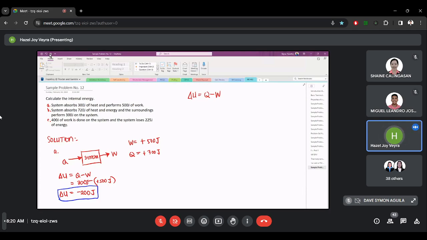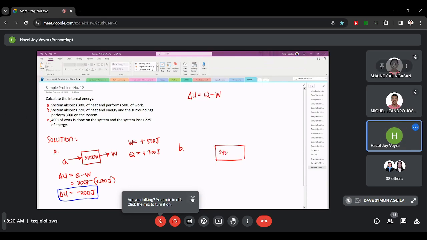This is for the first one. Sige, solve din natin yung second one. Letter B. May system tayo ulit. And yung system daw natin is nag-absorb ulit ng heat. And the surroundings perform 300 joules. Meaning, anong ibig sabihin nito?